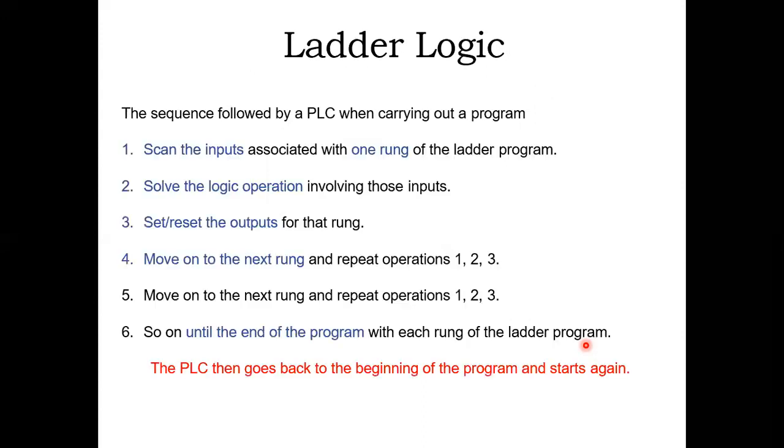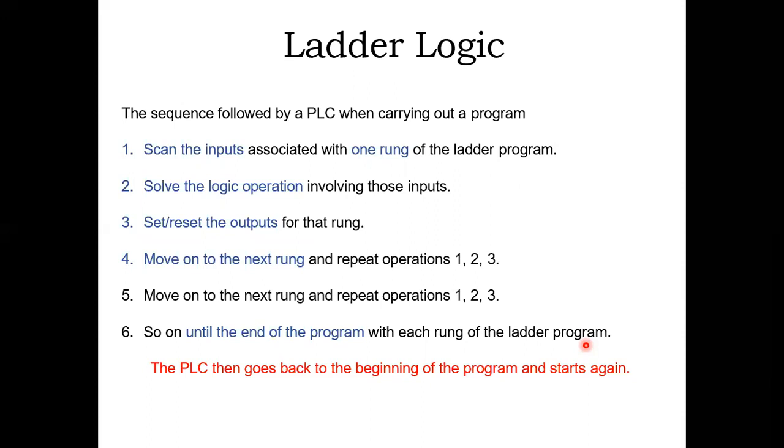So the sequence followed by the PLC when carrying out a program: scan the inputs associated with one rung of the ladder program, solve the logic operation involving those inputs, set or reset the output for the rung. Then move on to the next rung and repeat operations 1, 2, 3. Each rung is executed separately, one by one in series.